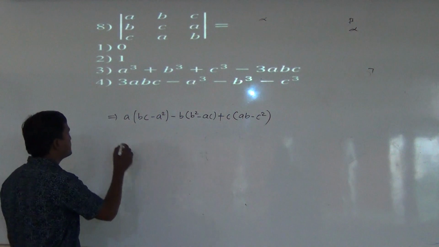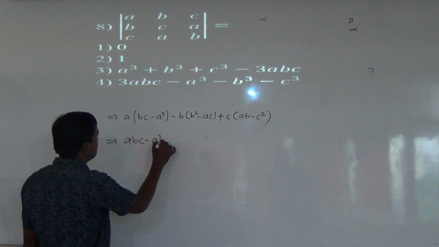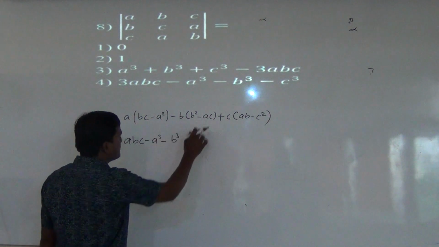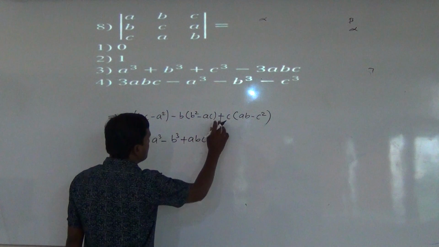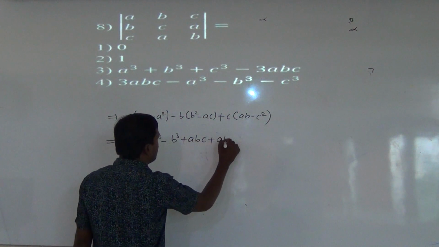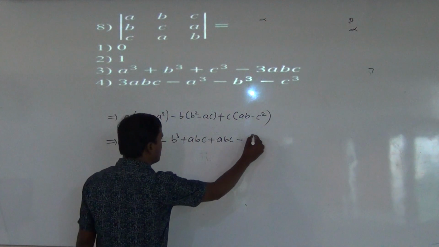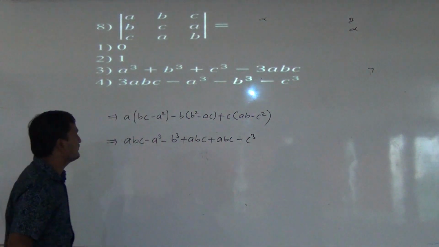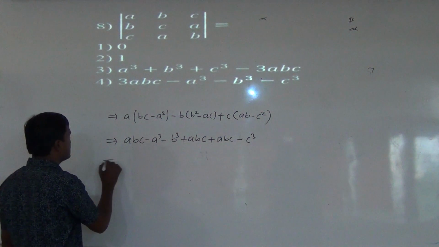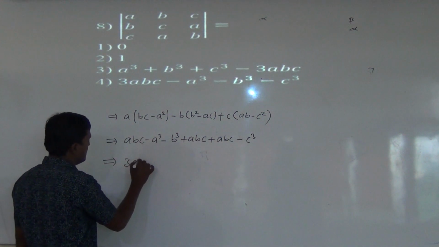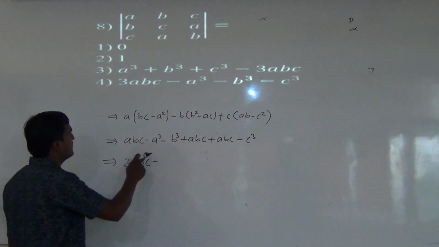Simplify this one. So it is ABC minus A cube minus B cube, minus into minus plus. Again it is ABC plus ABC, minus C into C square means C cube. So what is the answer?